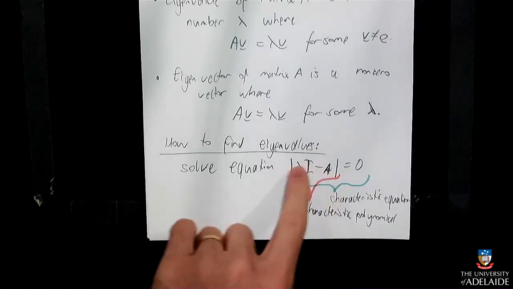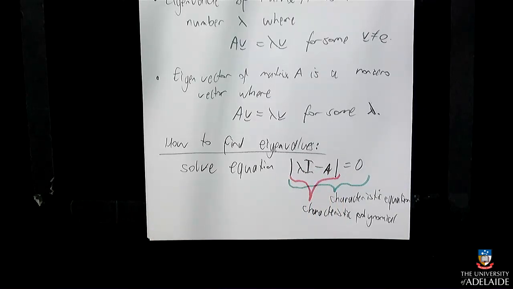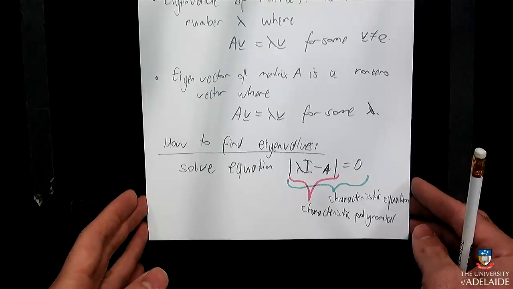So you're allowed to do A minus lambda I as well, but if someone asks you for the characteristic polynomial, you must do lambda I minus A, because the characteristic polynomial is supposed to begin with a positive lambda to the whatever. You can do it the other way around, you just might have to negate it at the end to get the correct positives and negatives.